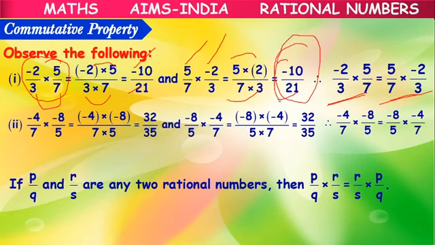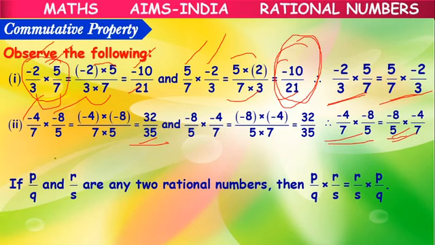Whether you take a negative rational number and a positive rational number, or a negative rational number and a negative rational number, the product will be the same.